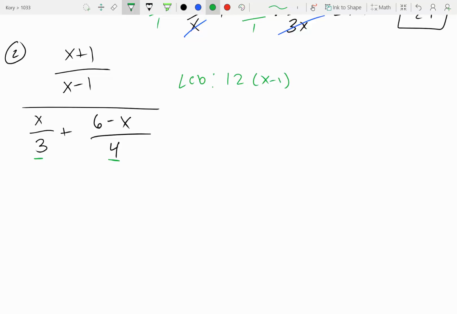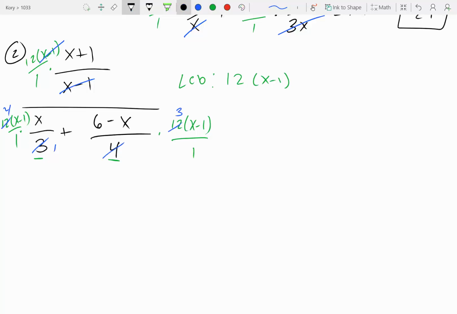So times 12 x minus 1, times 12 x minus 1, times 12 x minus 1. I'm trying to show you the short way so you don't have to write every single thing out on the test. Now let's cancel some stuff out. So we have x minus 1. We have, so 12 and 3 go together 4 times, and then 4 and 12 go together 3 times.